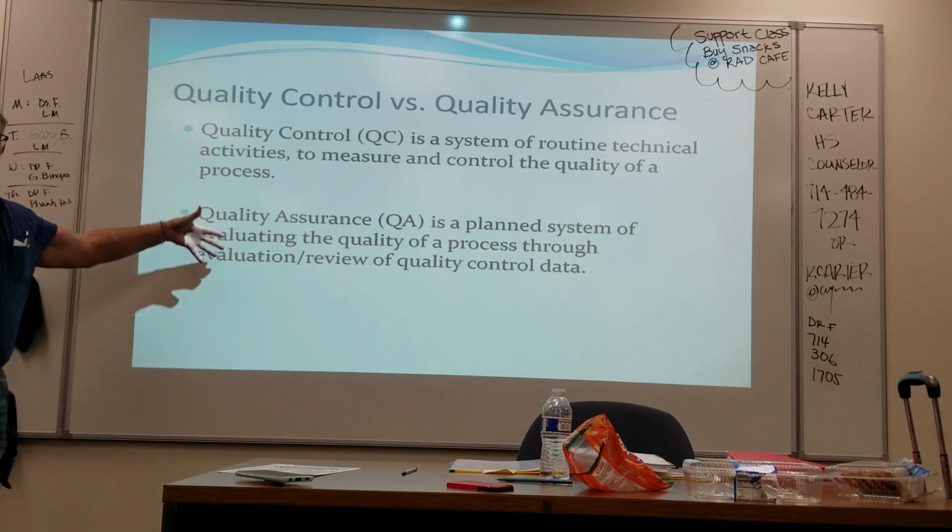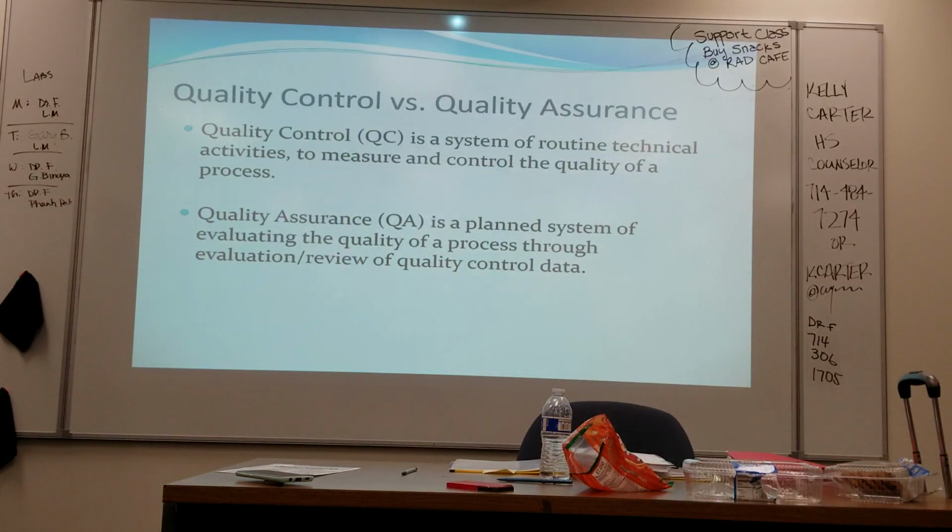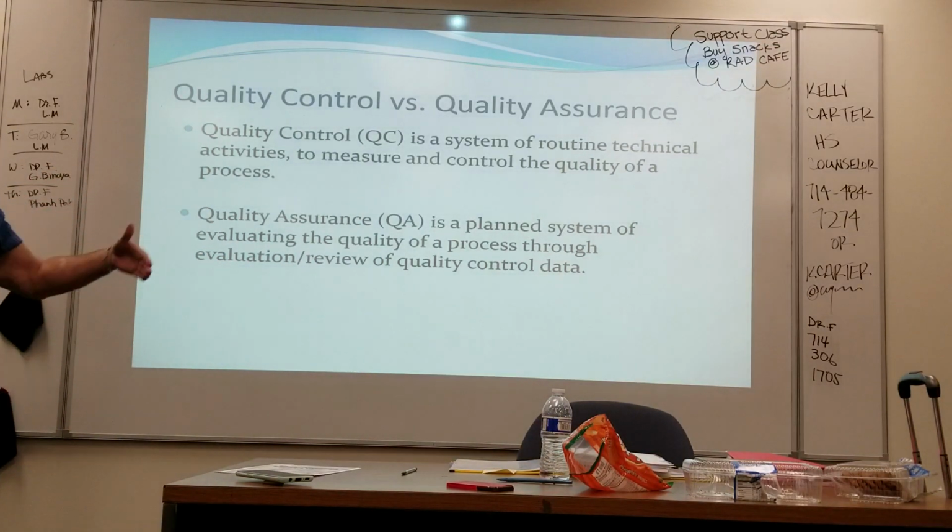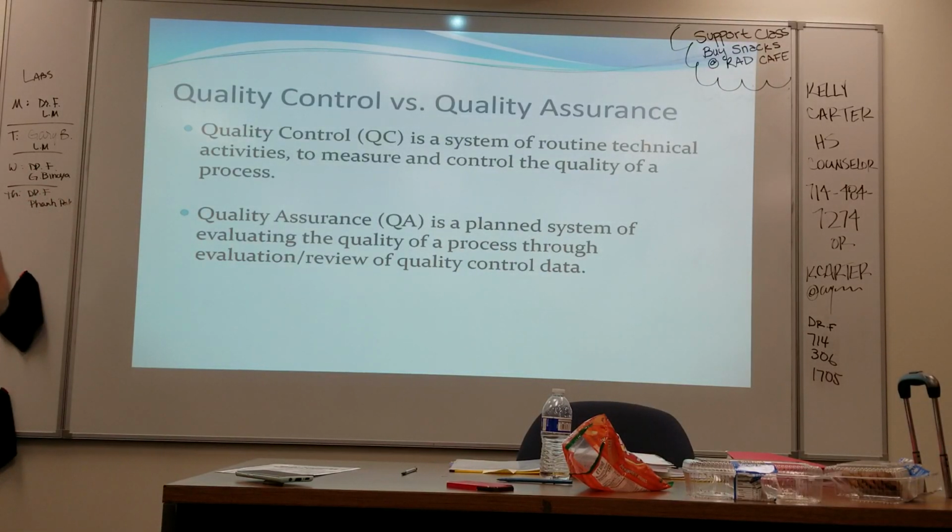The appropriate place for these generally to be evaluated is through the Radiation Safety Committee at your facility, but other facilities sometimes do it through a quality committee, or through the administrative committee for the department. It's different, but in a lot of places it goes through the Radiation Safety Committee, because quality assurance program results are usually reflected in patient data, patient dose data, patient retake data, those types of things.